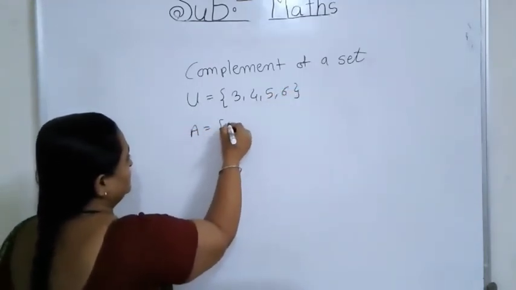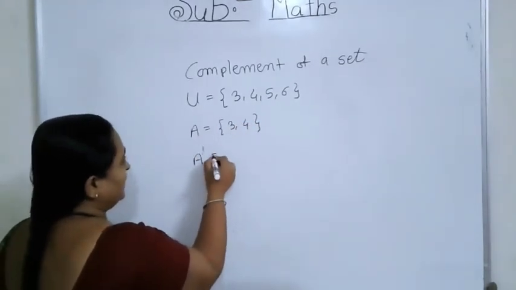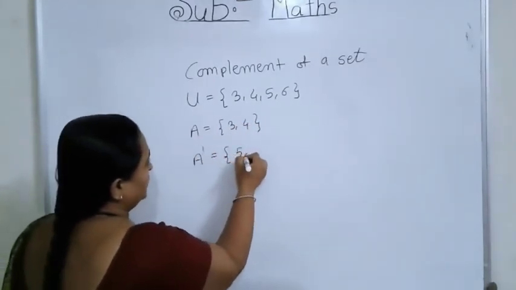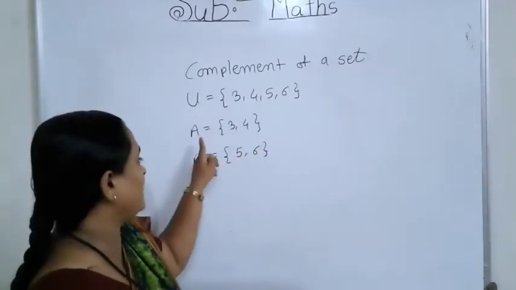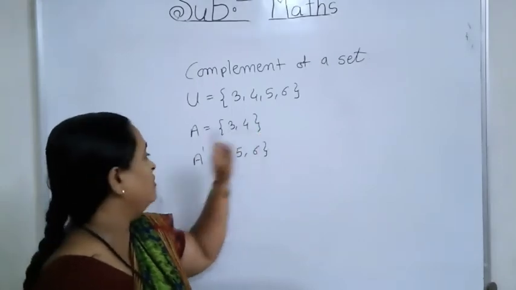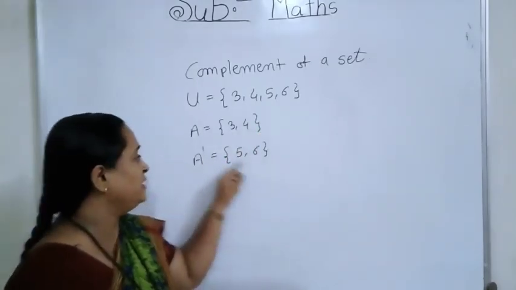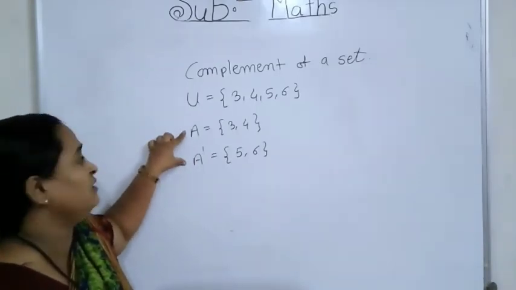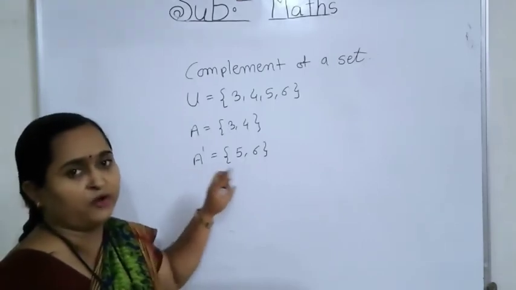Set A is 3 and 4. Then complement of A will be 5 and 6. Now if you observe here, A is the set of 3 and 4, complement of A is the set of 5 and 6. Now here common elements are not there. Means no common elements are there in A and complement of A.